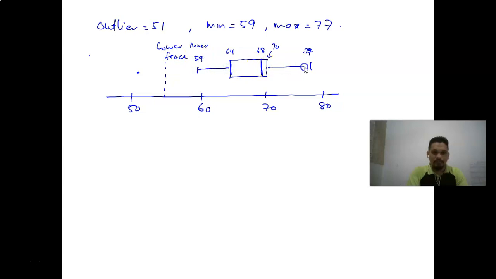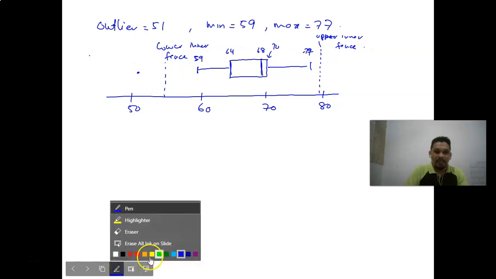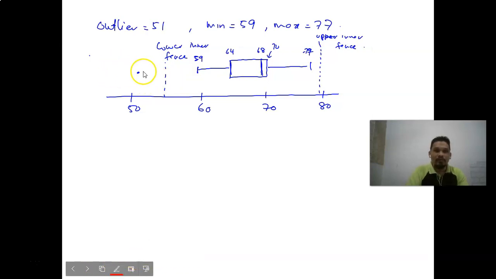That's it. And the upper inner fence is 79. This is the upper inner fence. Look at this one here now. The minimum 51 is outside the lower inner fence, so this becomes the outlier.